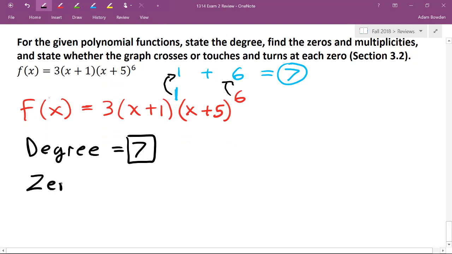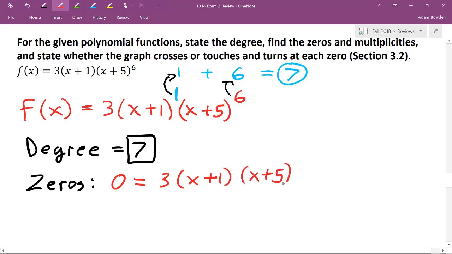Now to locate the zeros, to solve for the zeros, we need to just take the whole thing and set it equal to 0 so that we can solve for x. Now once it's been factored this way, everything's written out in individual factors, we take each factor and set each one equal to 0.